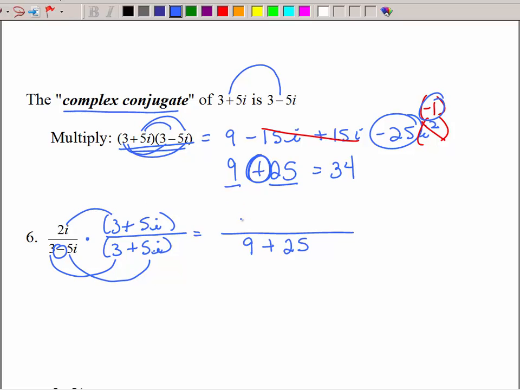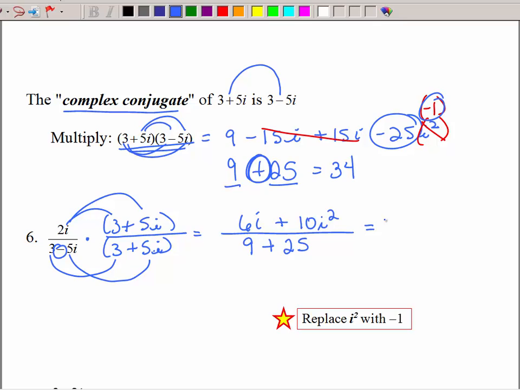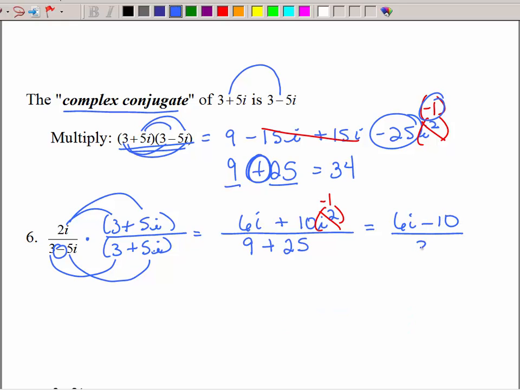Then I'm going to distribute, so I have 6i plus 10i squared. And now you should be saying, oh, I don't need to write that i squared, I just need to know it's going to change the sign because we're multiplying by -1. So I have 6i minus 10 over 34.